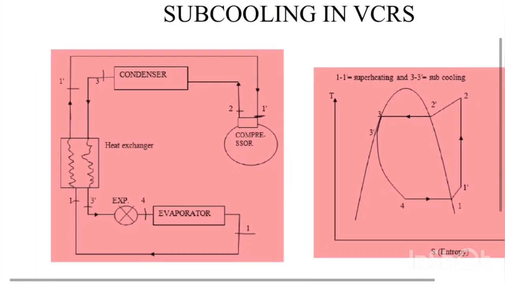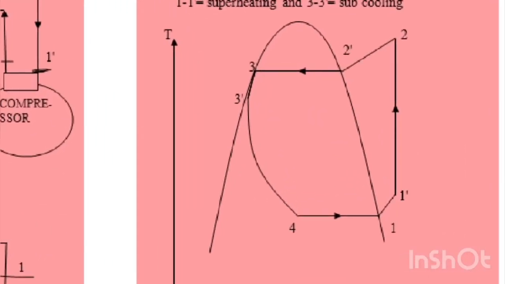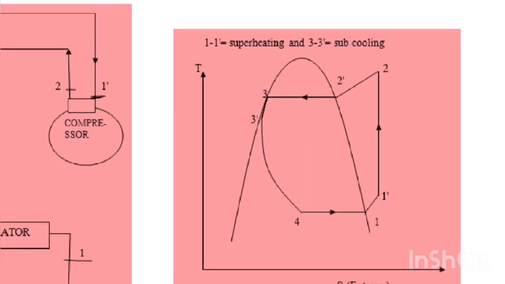Here we have the equation for the subcooling. We know that heat loss equals heat gain in the ideal situation. We are losing heat after condensing, from 3 to 3 dash, and we are gaining heat from 1 to 1 dash. So, if we represent it with an equation, H3 minus H3 dash equals H1 dash minus H1.